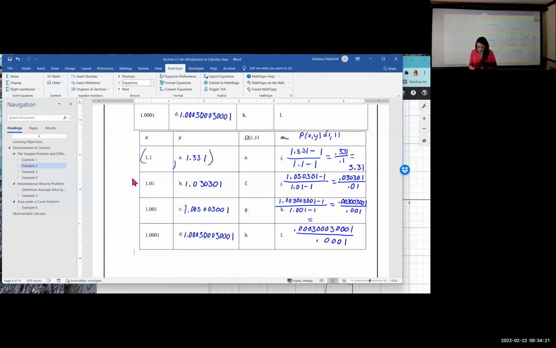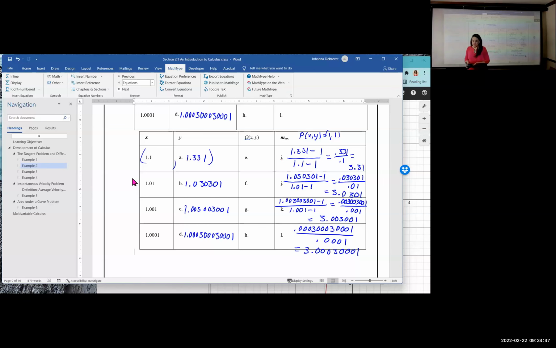Just add a 0 in the middle, like 3.0301, and then just continue. 0.0301, and then what was the next one? 3.00. Yeah, 3 and 0 0 1, and then this last one, following that pattern, will be 0.0030001.